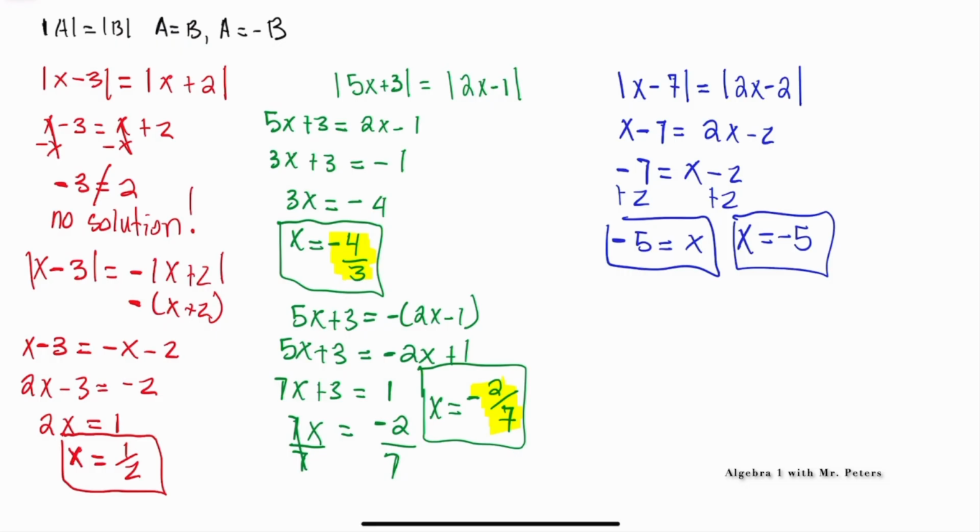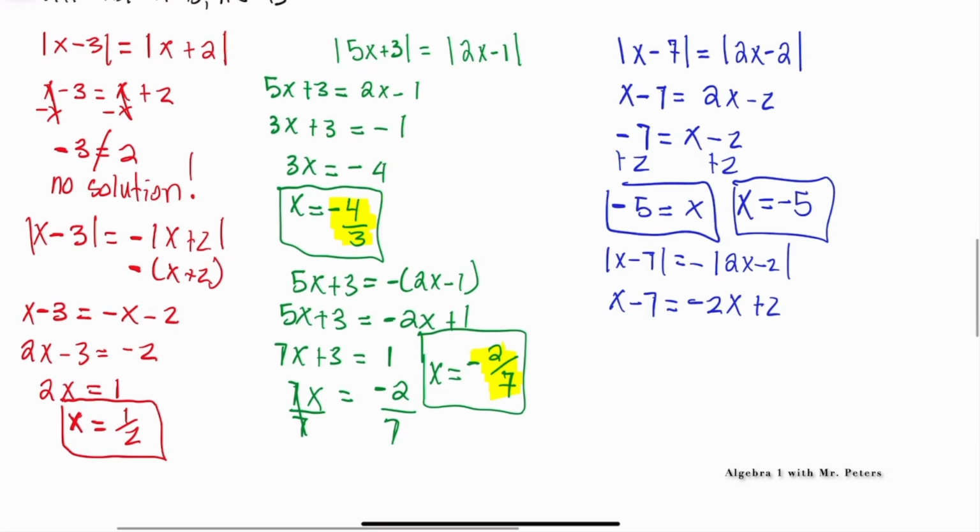Now the second answer choice, we're now going to make b negative. So we have the absolute value of x minus 7 is equal to the opposite of the absolute value of 2x minus 2. When we drop the brackets, we have x minus 7 is equal to -2x plus 2. So now what we want to do is just add 2x on both sides.